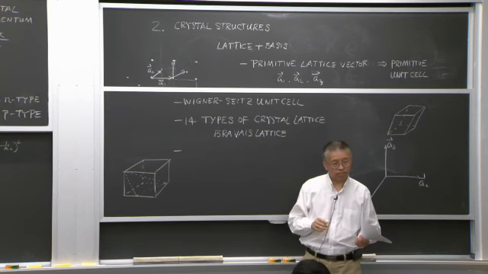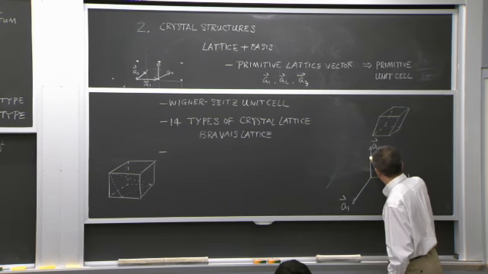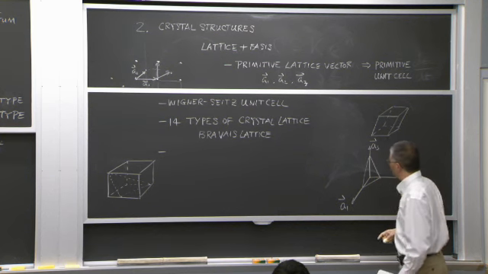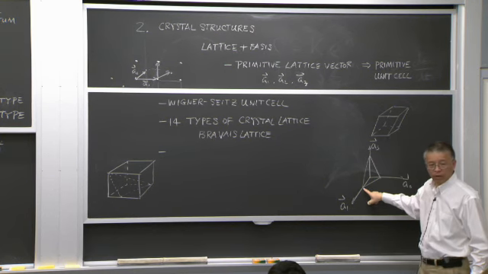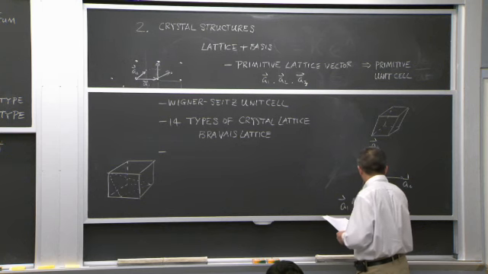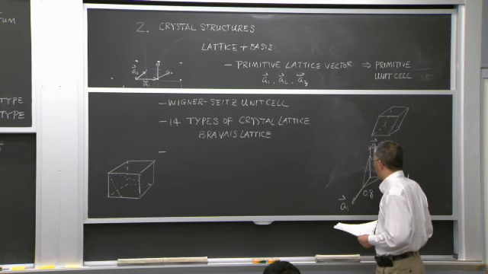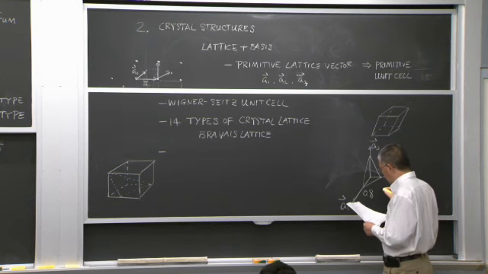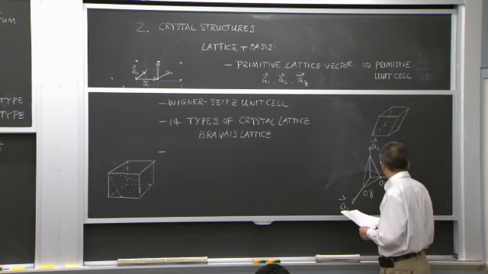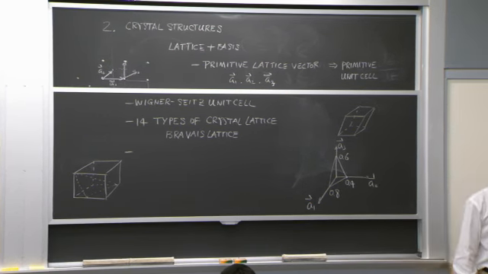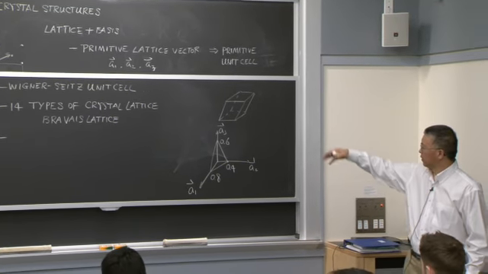So if I have a plane that intersects within the unit cell at one point in the a1 direction, and then a2, a3, let me give you an arbitrary number as an example. So this is 0.8 in terms of the total length of the unit cell, here is 0.4, and here is 0.6. Right? This is a plane within that cube.